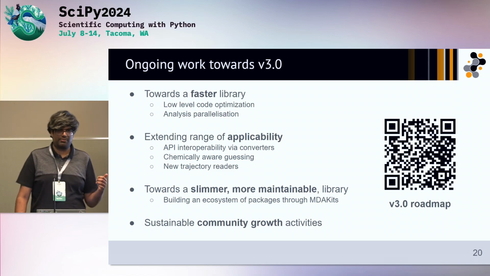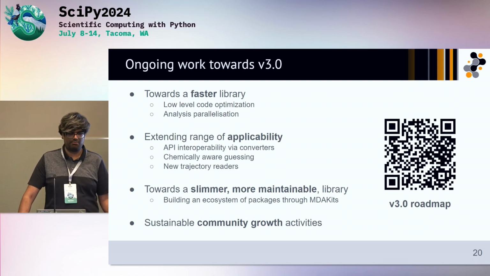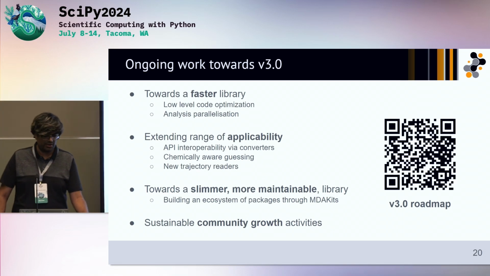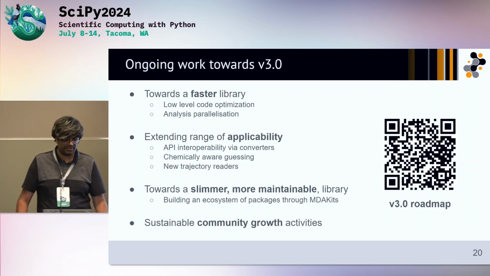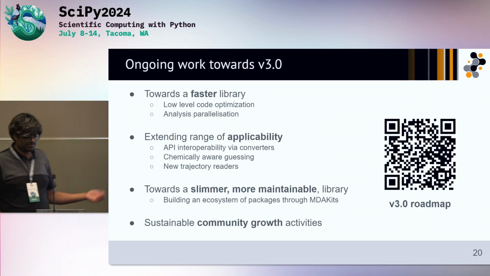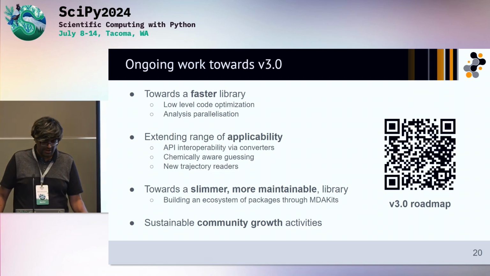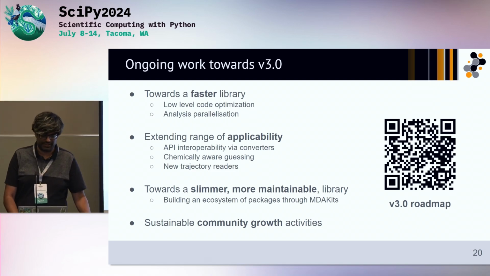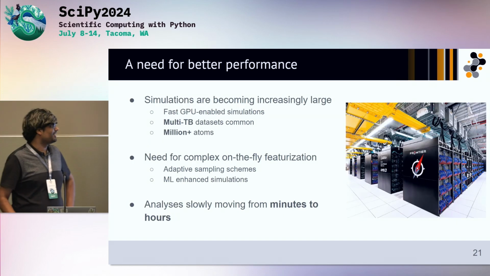We really want to make this library usable for modern and future simulations. So we need to make it a lot faster, and we need to increase the range of applicability. We also need to make sure it's maintainable, so we're working towards a slimmer and more maintainable library. We also want to increase our community growth, which is the last thing I'll touch on.